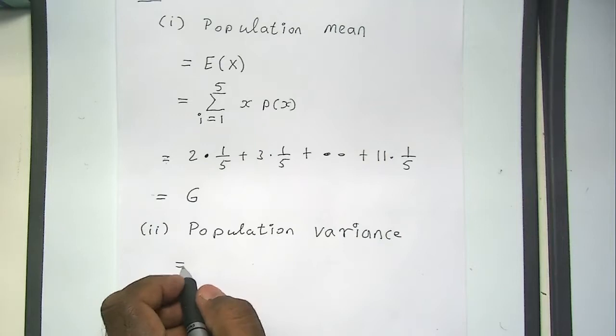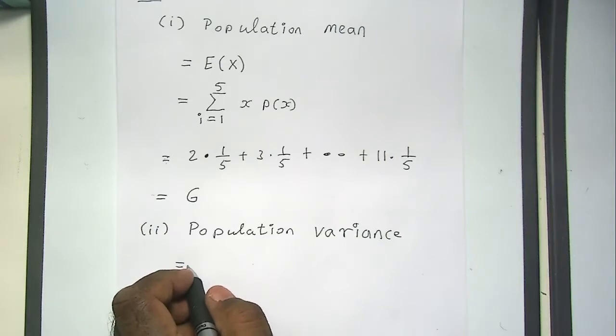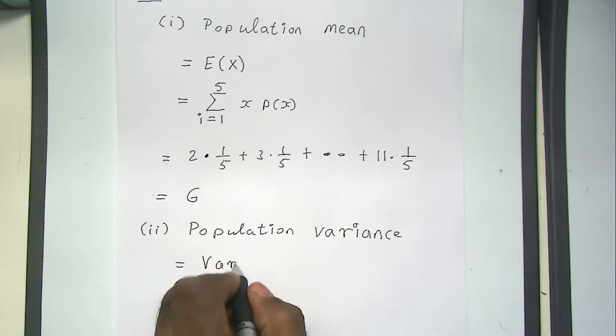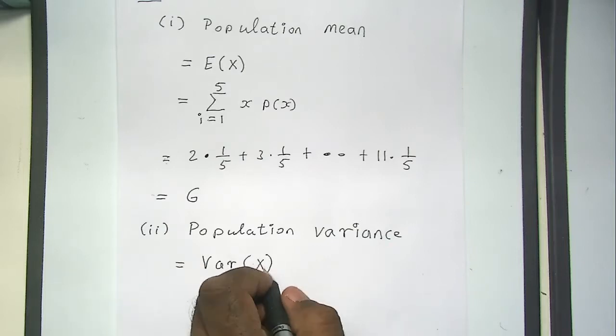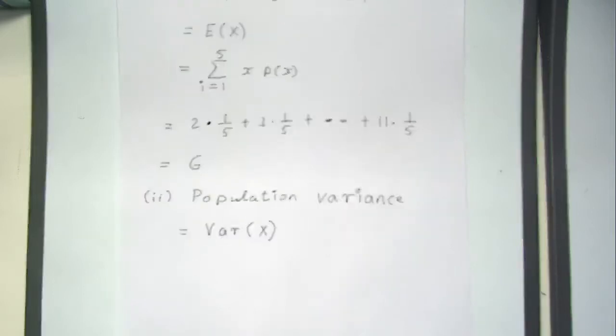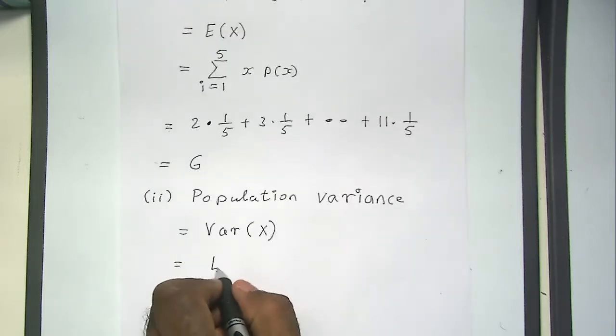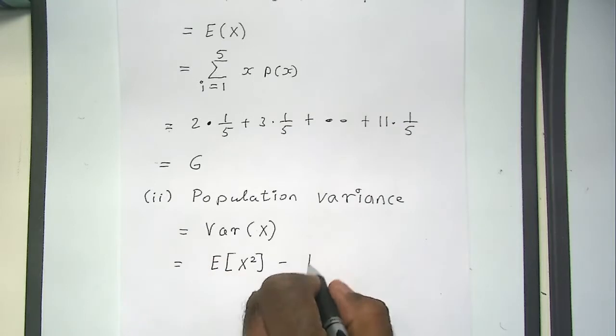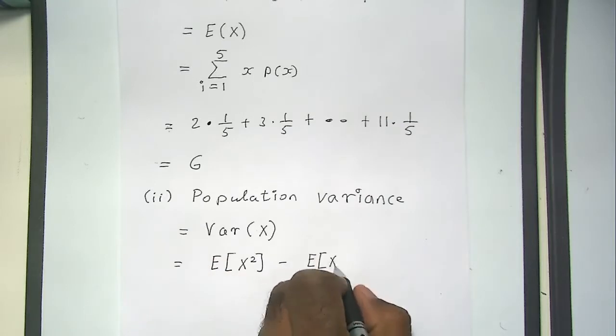If you look at my handwritten note, you will see the population variance is denoted by this. It's also known as the variance of the variable of interest, which is the expectation of x squared minus the square of the expectation.